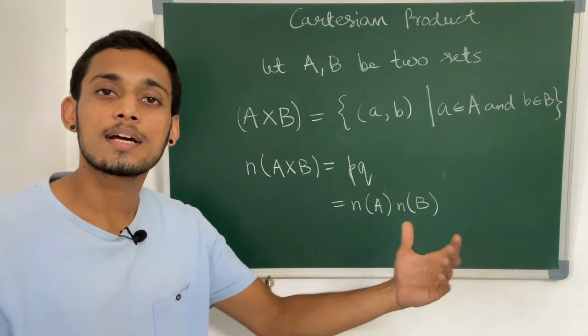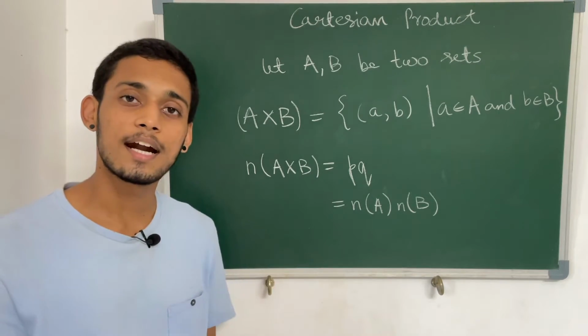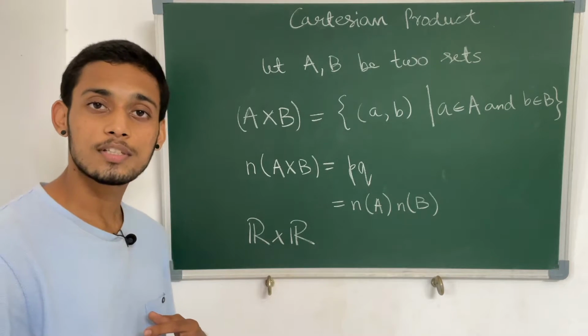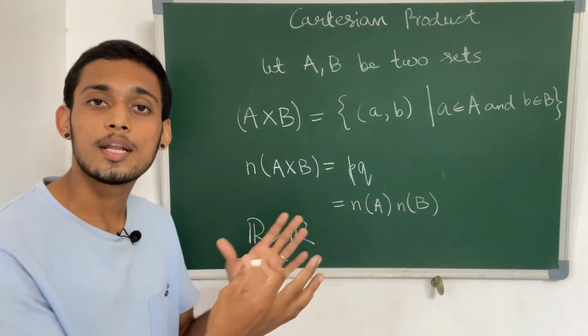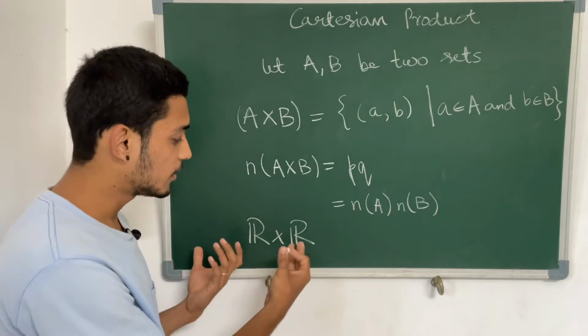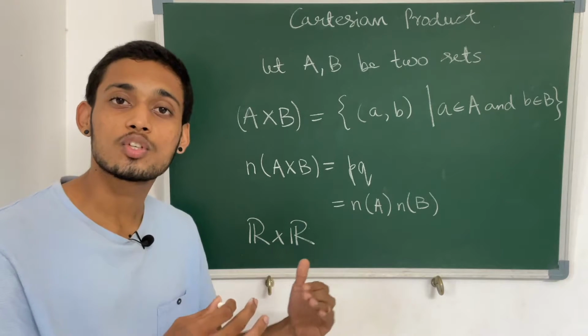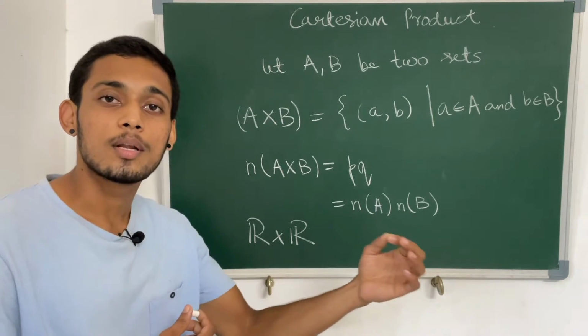Now that we have established another fact as the size of the Cartesian product, we can go further and see one very common Cartesian product, that is the Cartesian product of real numbers. So what is the Cartesian product of real numbers? That is the set R cross R, which is all possible points on a plane. This particular set will have all the ordered pairs (x, y) such that x and y are the coordinates on a plane.